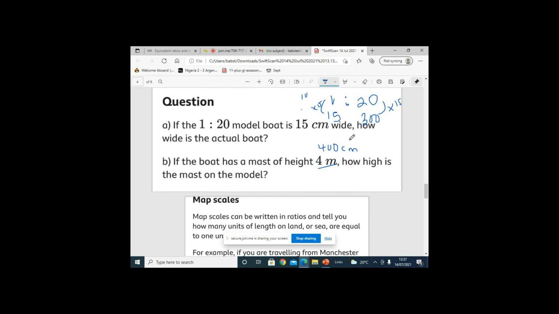You use 1 to 20, so it's going to be 400 divided by 20. Just make sure you convert it first. Some people make that mistake. Make sure you convert these 4 meters to centimeters. So very easy for you.